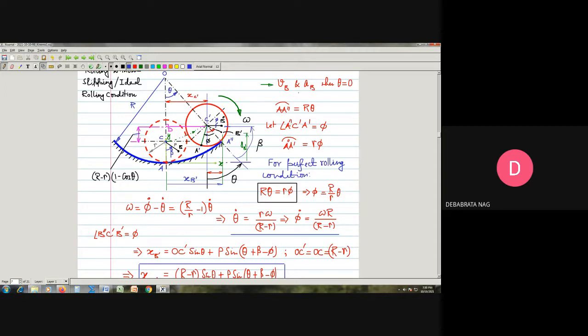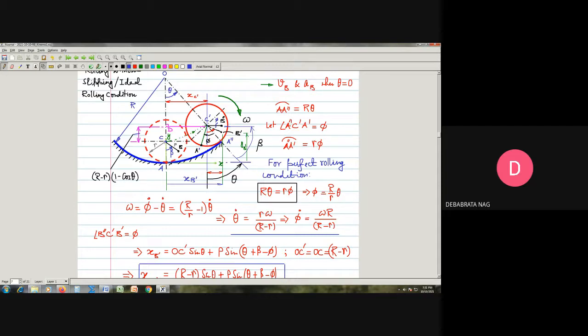But we have been asked to find the velocity and acceleration of this point B, that means the initial position of this point. At that initial position, what should be our velocity and acceleration?